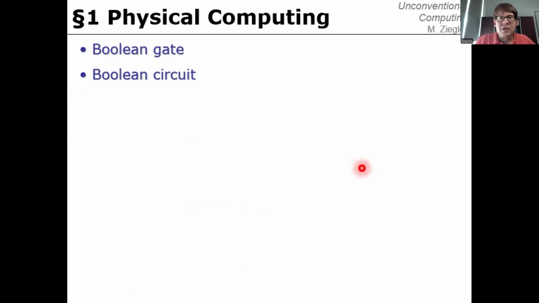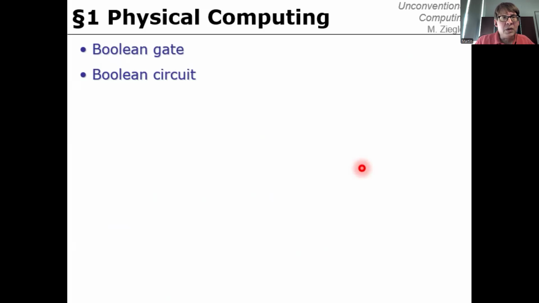And now we're going to start talking about physical computing, namely the question, how can one realize Boolean gates and then combine them to Boolean circuits with or without memory, historically and also maybe not so historically known.